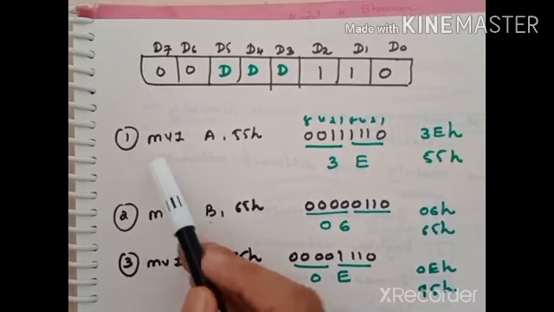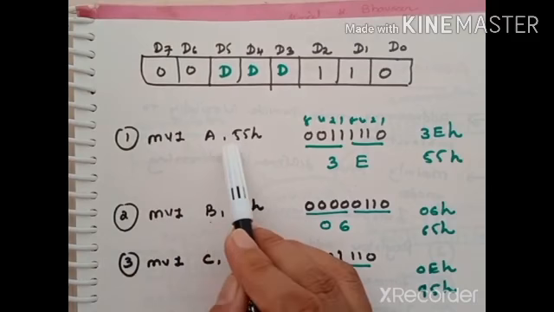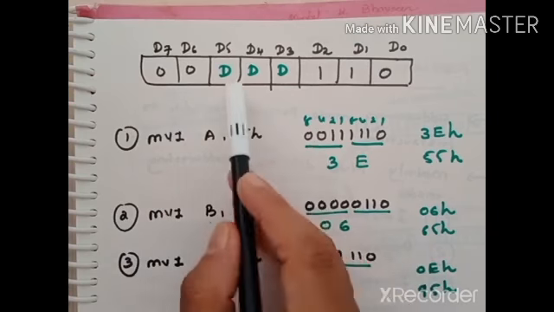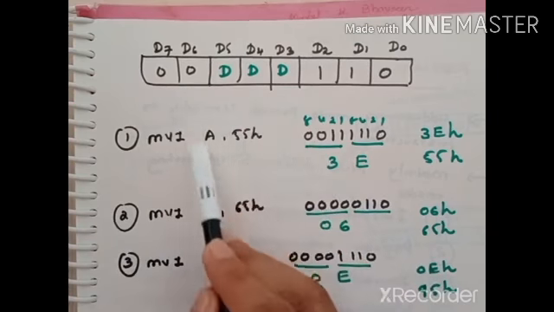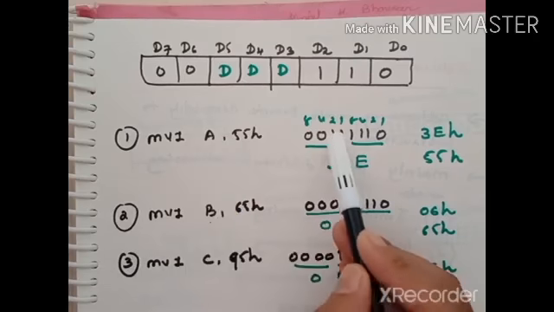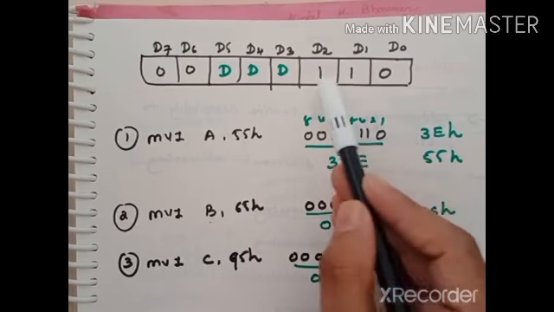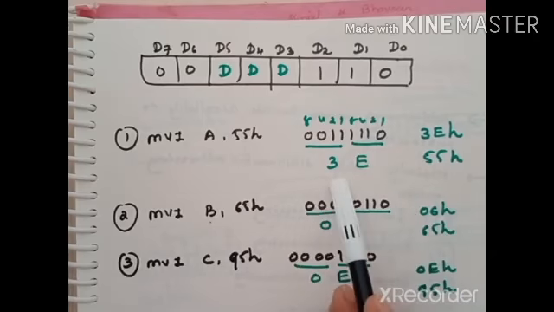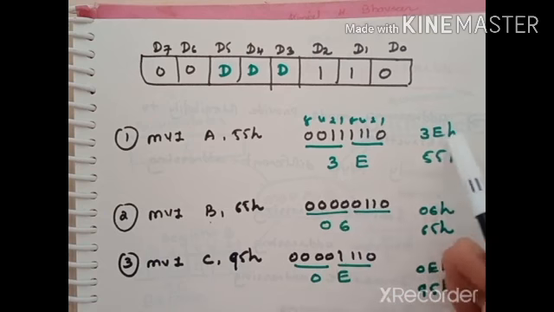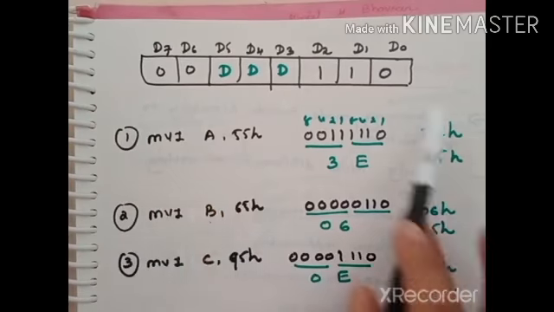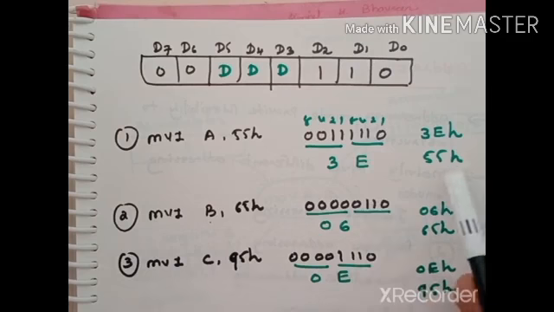Then in this example MVI A, 55H, the first 00 is fixed, then as the destination register the accumulator is used, and the equivalent code of the accumulator is 111. Then 110, that means according to 8421 the equivalent code is 3E. This 3E is the equivalent hex code of MVI A. But this instruction is a 2-byte instruction, that means the next location is 55H.